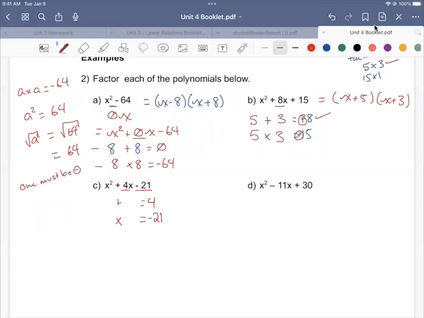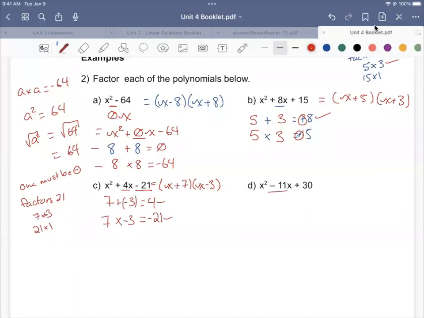If I look at the factors of 21, I get 7 times 3, and 21 and 1. 21 and 1 added or subtracted together is not going to give me 4. But 7 minus 3 does give me 4, and 7 times negative 3 gives me -21.